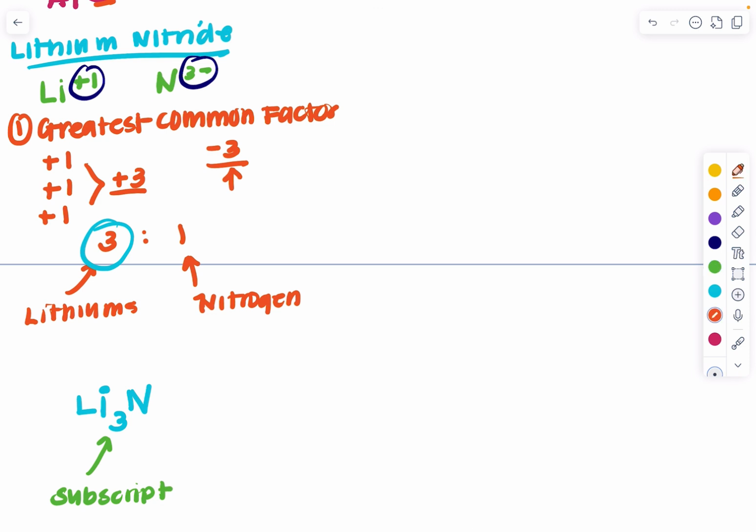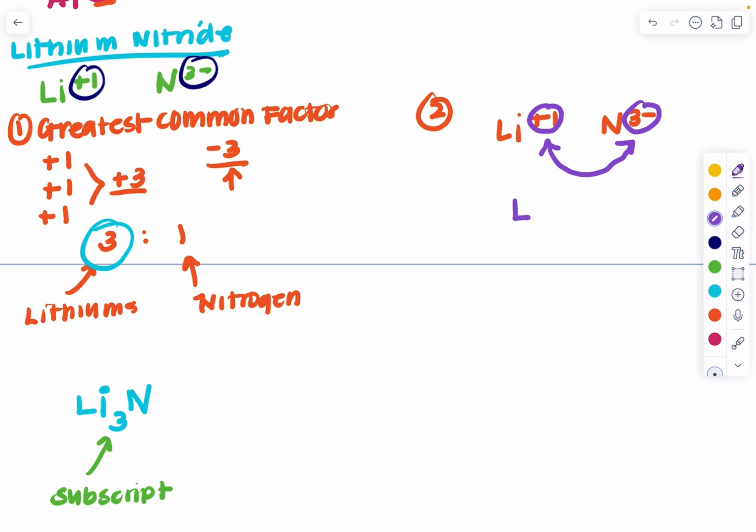The second way that you can do this is you can write both ions the same way that we would normally do if we're comparing with their charges. So lithium's +1, nitrogen's -3. And I usually circle both the charges and make like a happy face, and I switch them, okay?